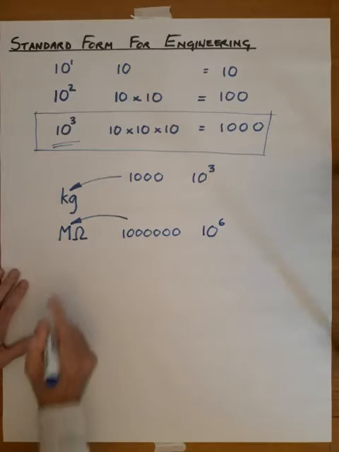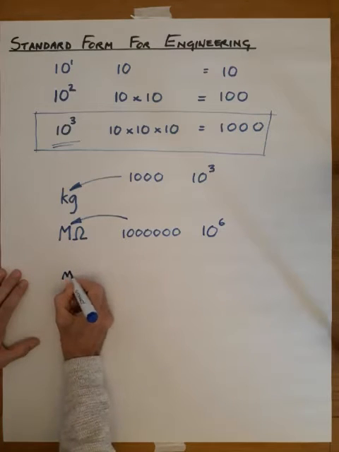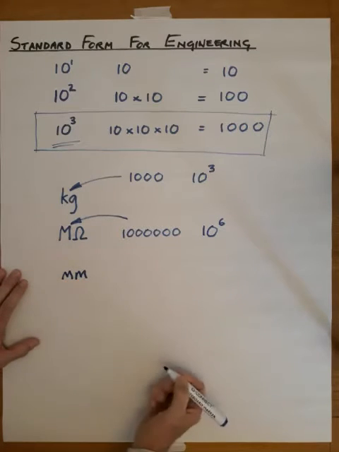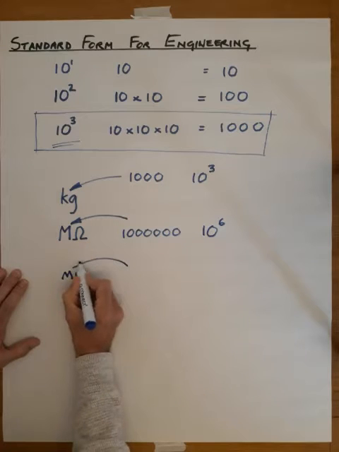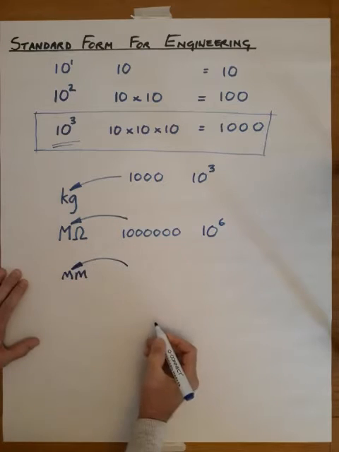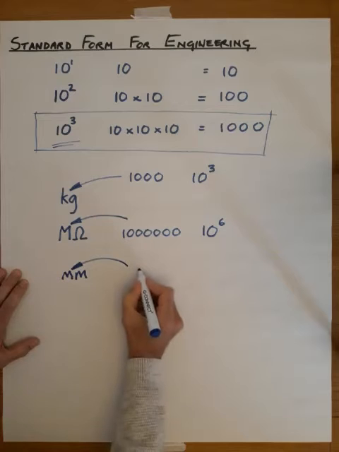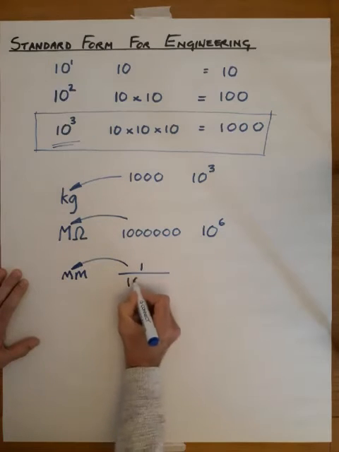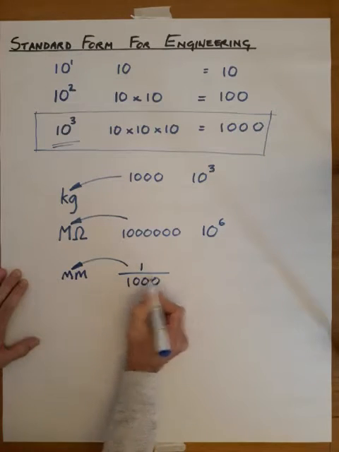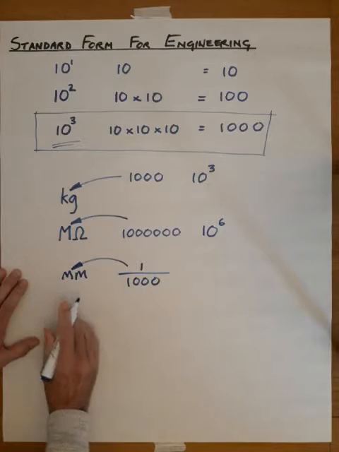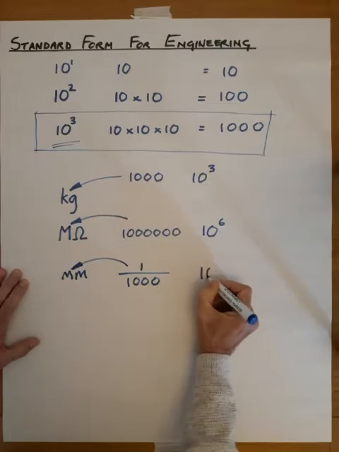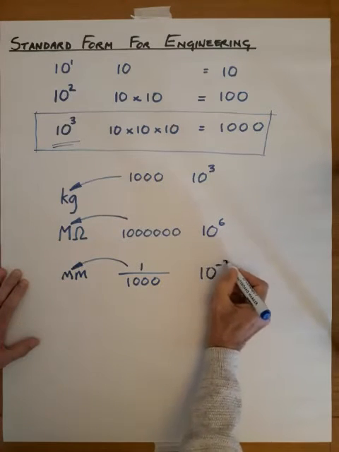When measuring, you may use millimeters. This lowercase m is 1 over 1,000, a thousandth, which we write as 10 to the minus 3.